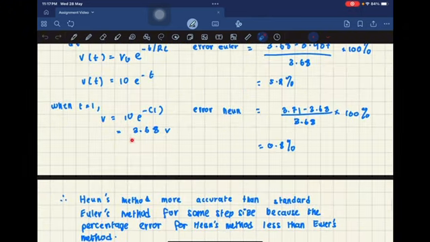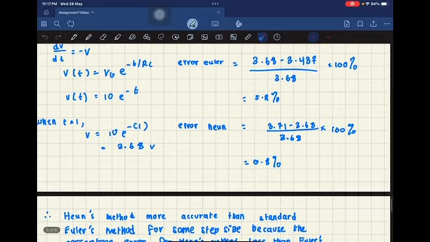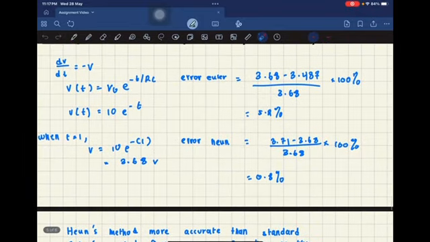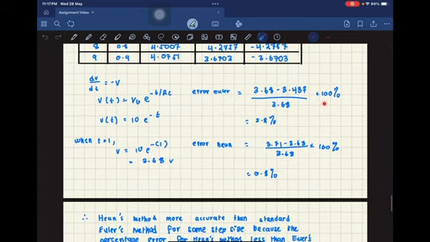So we got 3.68, and then the percentage error for Euler is 5.2%, and for Heun's method we got 0.8%. So from both errors, we know that Heun's method has a lower percentage error than Euler. That means Heun's method is more accurate.